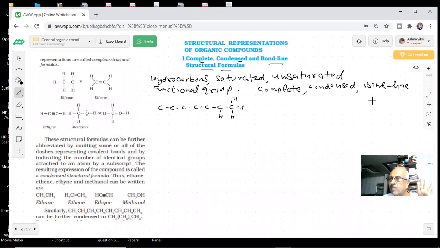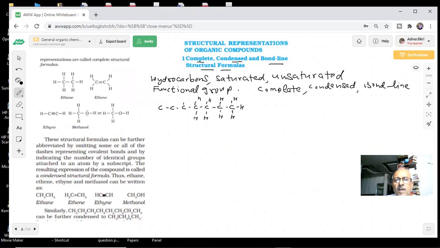I have to satisfy the valency of 4. Carbon-carbon bonds, carbon-hydrogen bonds, or functional groups could be there, no problem, but every carbon can only form 4 bonds, not more than that. So we have to satisfy the tetravalency of carbon.